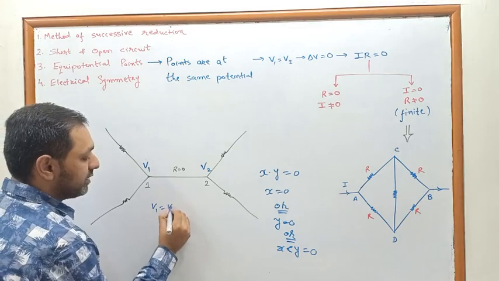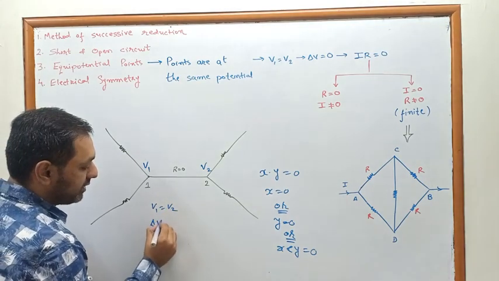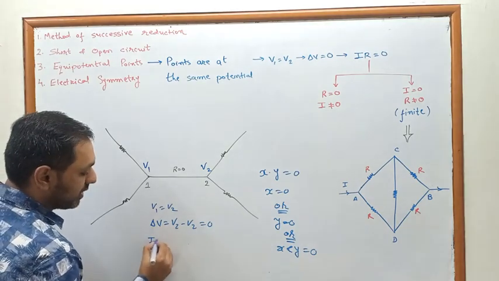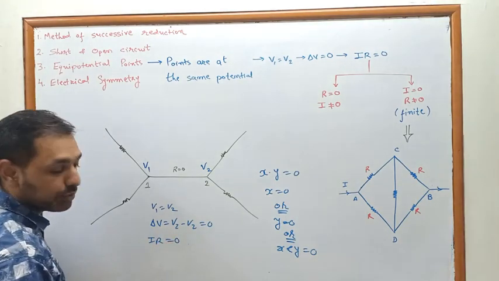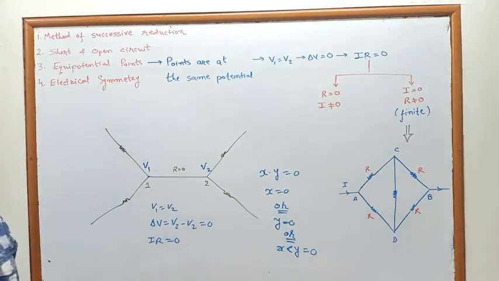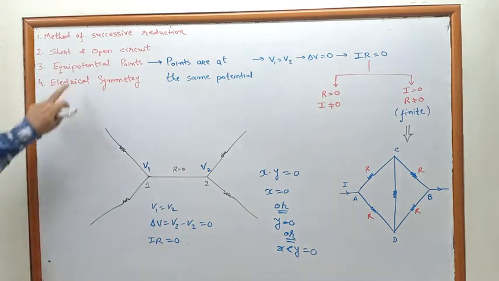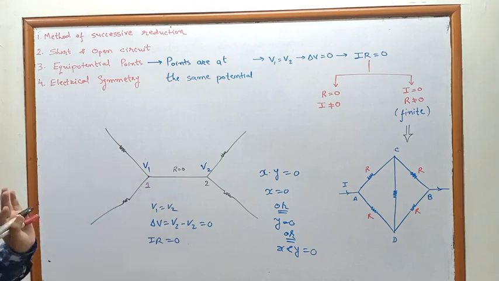It means V1 is equal to V2, delta V, V2 minus V1, is equal to 0, and IR is equal to 0. Okay. So this is a pure case of short circuit.